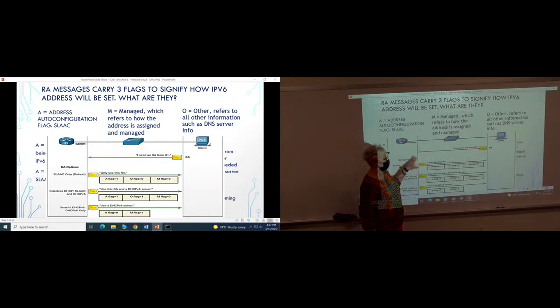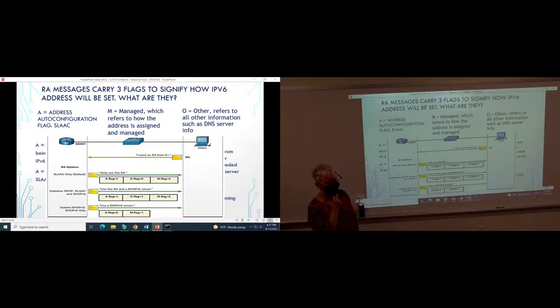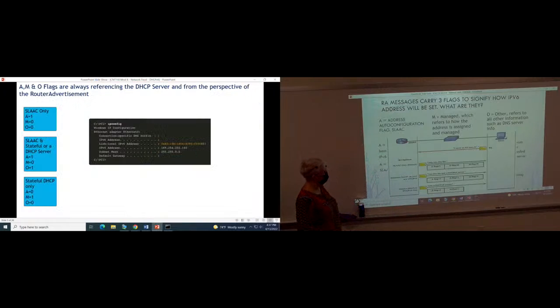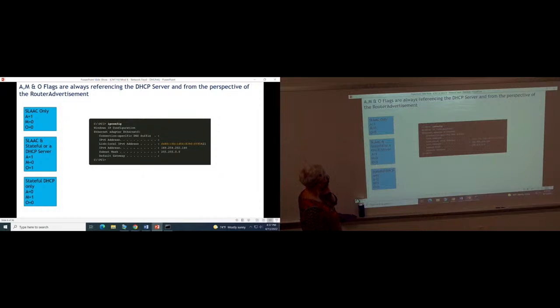Right, I'm using SLAAC plus DHCP. Now my A flag is off and my M flag is on. Stateful, right? There's a server and it's managing everything. The AMO flags are always referencing the DHCP server from the perspective of the router.